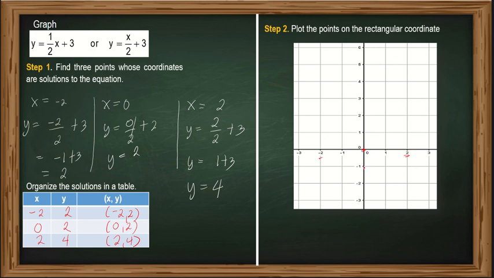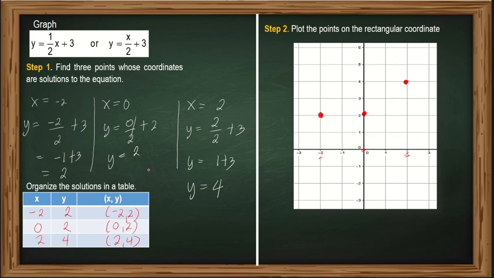Okay, let's plot these points in this coordinate plane. When x equals negative 2, y is positive 2. And when x equals 0, our y is 2. And then 2 and 4. So what happened to this?